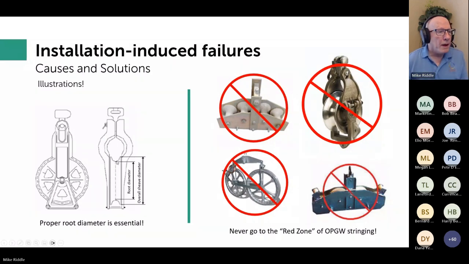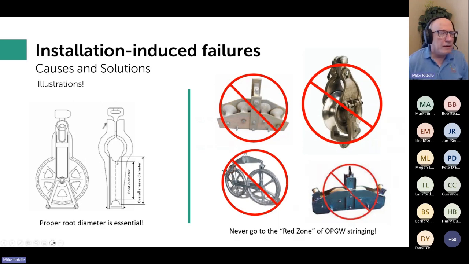Now, in my hypothetical example, I said a ½ inch cable, 40 times diameter, you end up with a 20-inch block. There's a complicating factor in reality, and that is that the block manufacturers talk about frame diameter, which is the overall diameter of the block, or the actual wheel part of it, versus the root diameter.